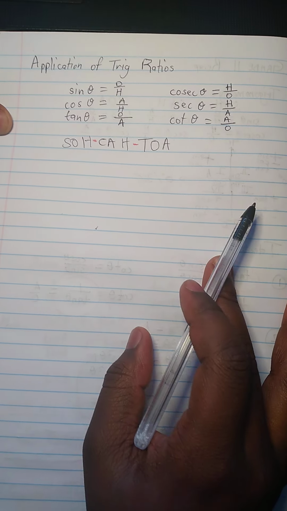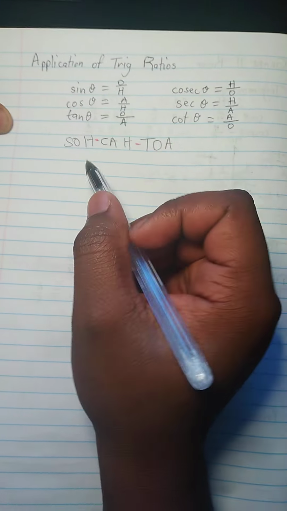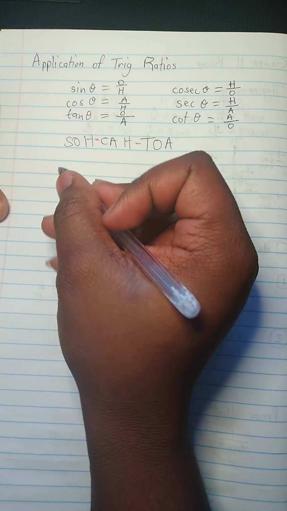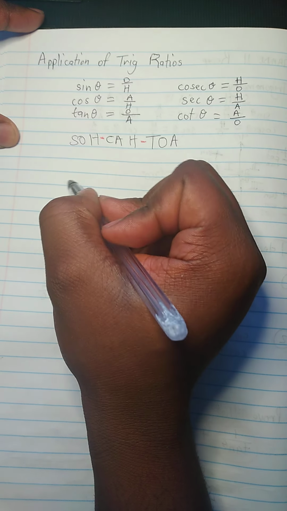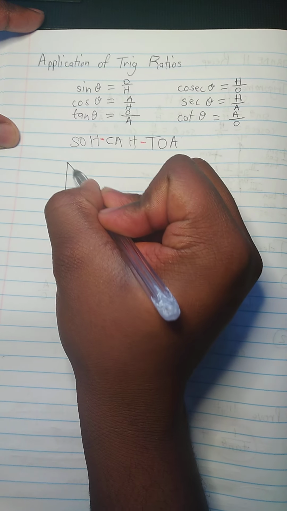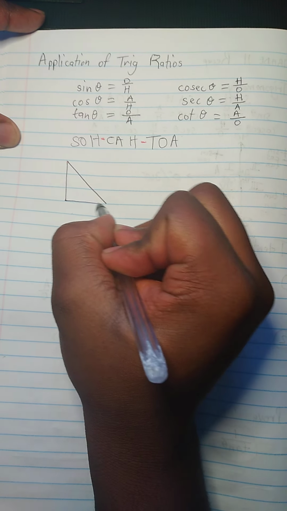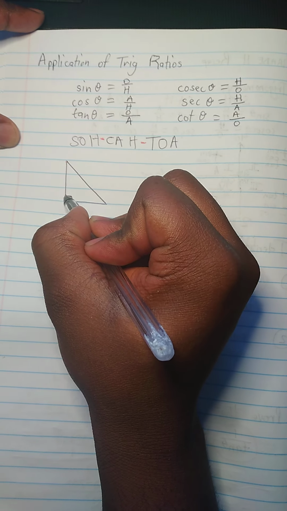Okay, so these are the things that I want us to apply. As I wrote, my topic is application of those things. So for example, let's say they give you a right angle triangle.